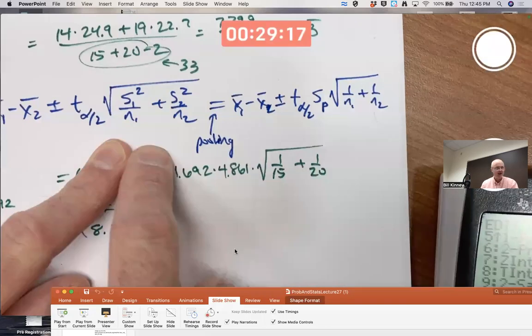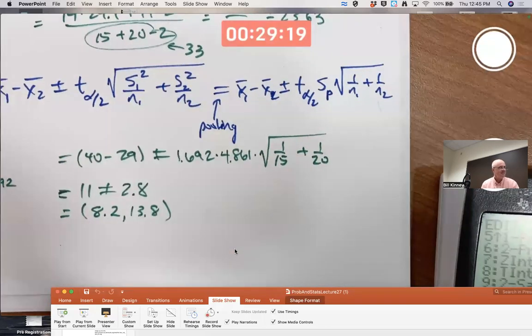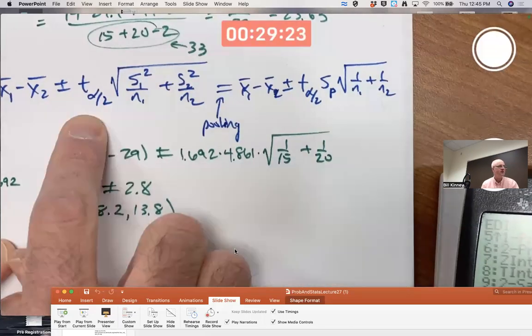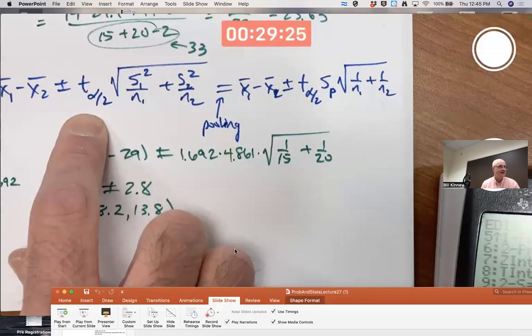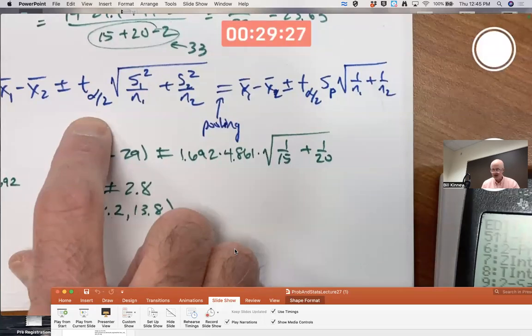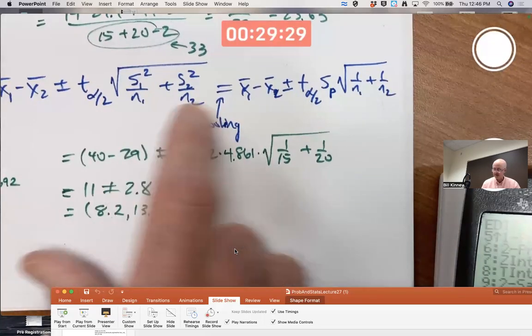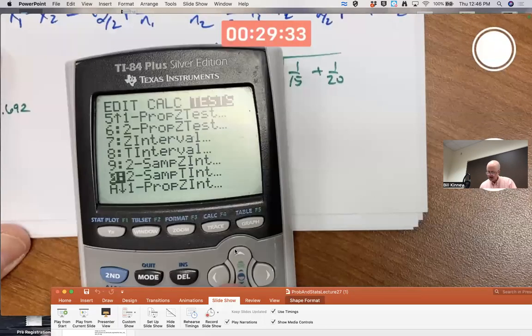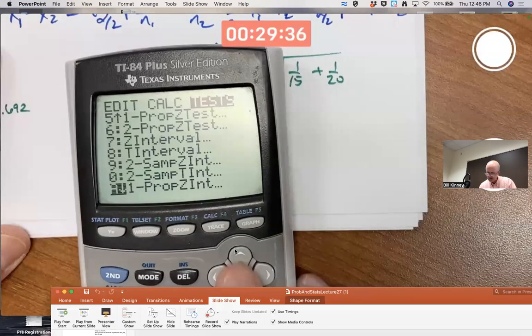And so the S1 squared and S2 squared are used individually instead of pooling. So it's not just based on a difference in the degrees of freedom resulting in a different T. It's also based on the fact that this could be slightly different than this. It's hard to say for sure ahead of time if it's going to be bigger or smaller.